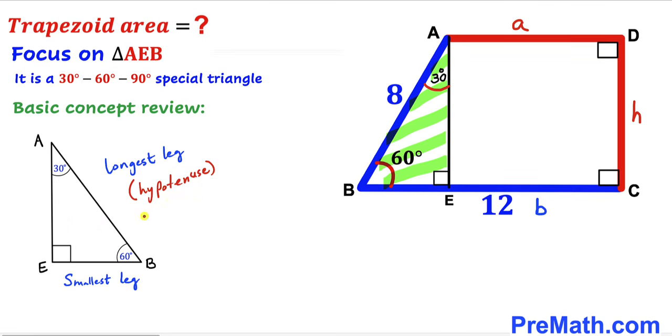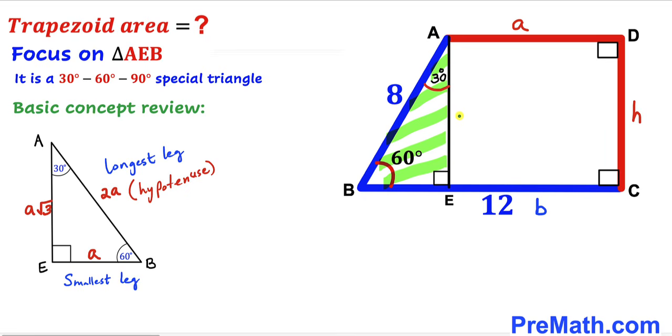In such a special 30-60-90 triangle, the longest leg is always twice the smallest leg. If the smallest leg is 1, then the longest leg is 2, and the third leg is the square root of 3. In general, if I label the smallest leg as a, then the longest leg is 2 times a, and the third leg is a times the square root of 3.